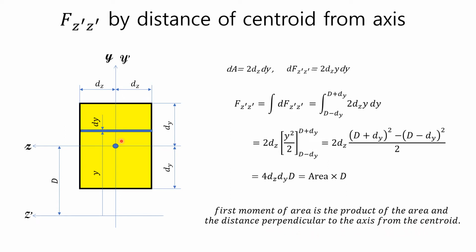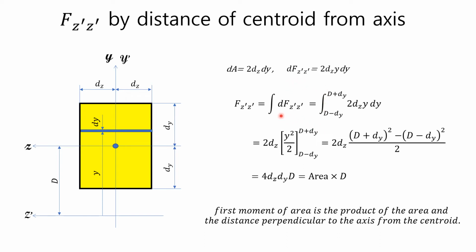Let's prove the first moment of area is the product of the area and the distance perpendicular to the axis from the centroid. In the picture, the centroid of a rectangle is distance d away from the z prime axis. First, as usual, we calculate the small area dA and the small first moment of area dFz prime.